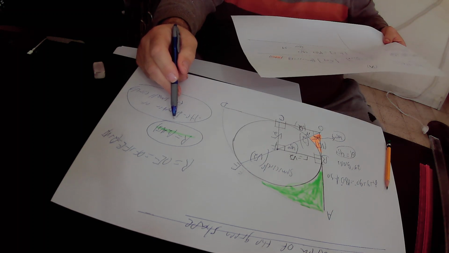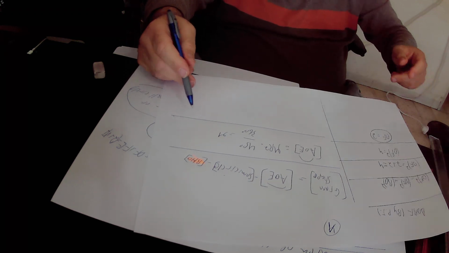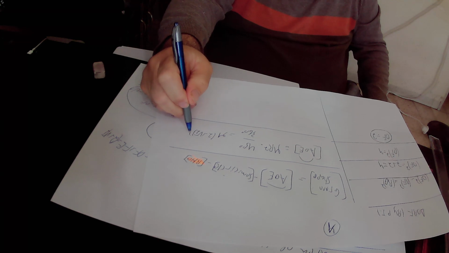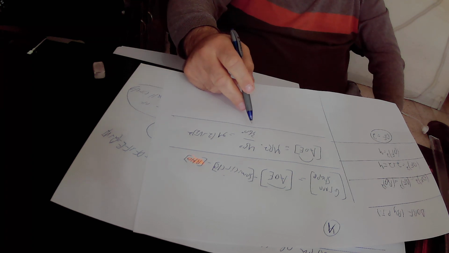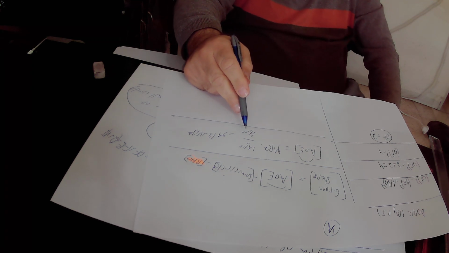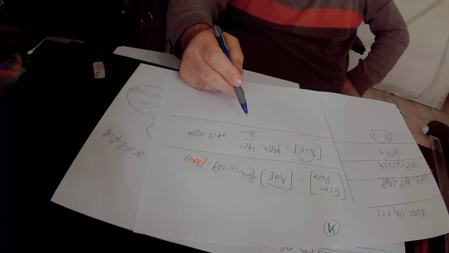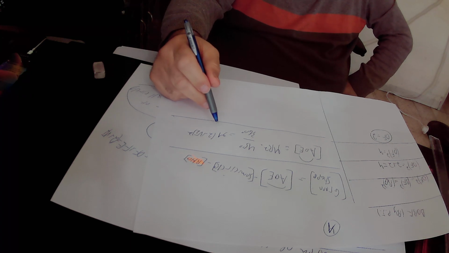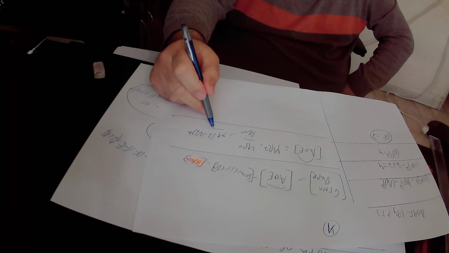If capital R equals 2 plus square root of 2, it means that capital R squared will be equal to 2 plus square root of 2, squared. And we have to multiply it by 45 degrees over 360 degrees. 45 degrees over 360 degrees is 1 over 8. So we have to divide the area of the big circle by 8.